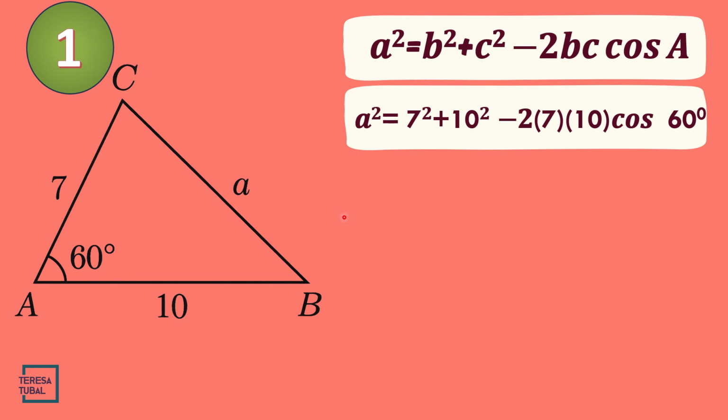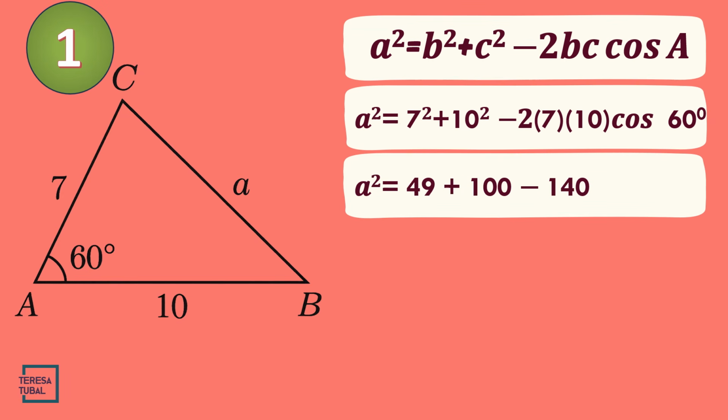Bring down a squared. 7 times 7 is 49. 10 times 10, that is 100. And then negative 2 times 7 is negative 14 times 10, that is negative 140. And then cosine 60 degrees, if you use the calculator, that is 0.5 or 1 half.